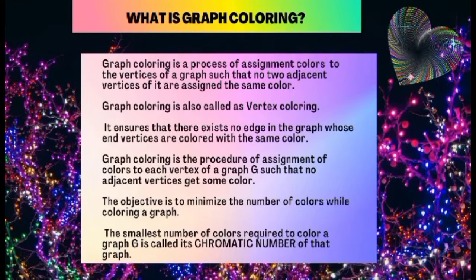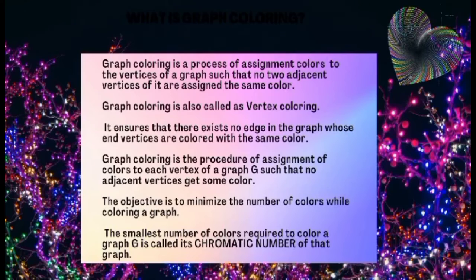The objective is to minimize the number of colors while coloring a graph. The smallest number of colors required to color a graph G is called the chromatic number of that graph.